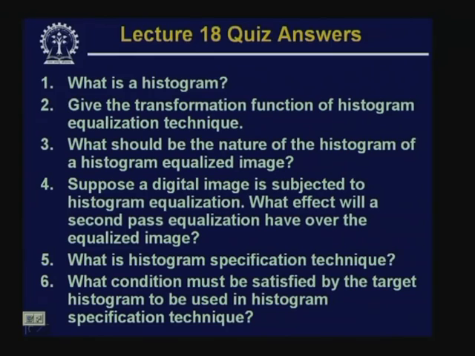Now, the fourth one is very interesting: suppose a digital image is subjected to histogram equalization, what effect will a second pass equalization have over the equalized image? As we have already mentioned, once our image is histogram equalized, the histogram of the processed image will be a uniform histogram. That means it will have a uniform probability density function. And if I want to equalize this equalized image, then the corresponding transformation function will be a linear one, a straight line inclined at an angle of 45 degrees with the x axis.